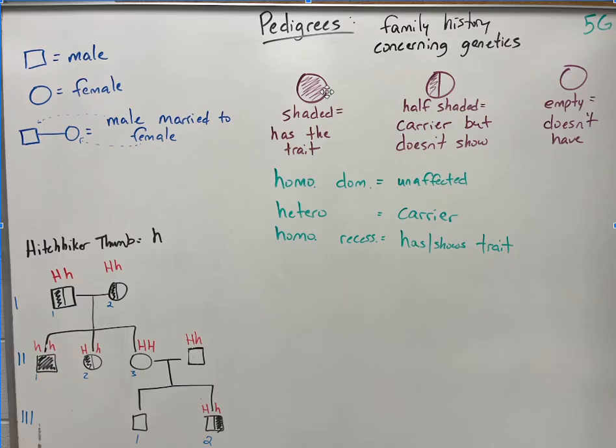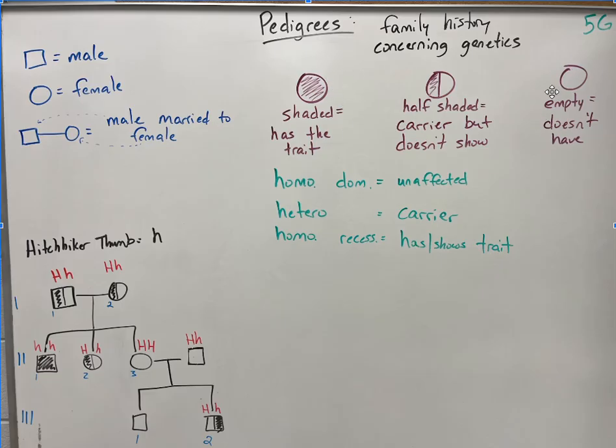All right, so let's talk about the shaded. This can change, so it's not set in stone, but generally speaking, a lot of the ones that we'll practice will be like this. The shaded has the trait, whatever the trait is. It could be dimples, it could be some kind of disorder, but if it's shaded, it's them having the trait.